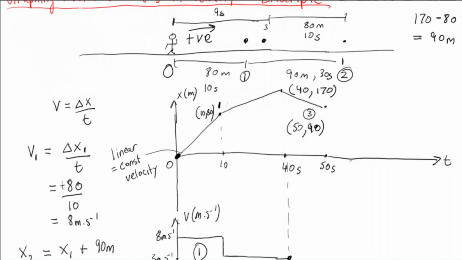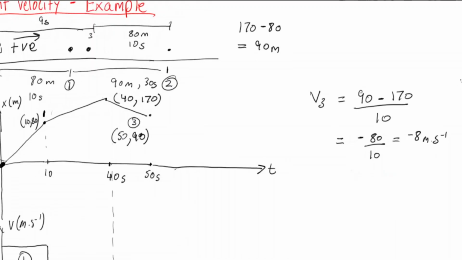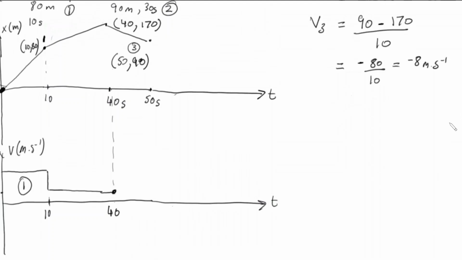And the velocity during this period will just be calculated how we calculated it before. So we'll say the velocity during stage 3 is equal to the final displacement, which is 90 meters, minus the initial displacement, which is 170, divided by 10 seconds, which gives us negative 80 over 10, which is negative 8 meters per second, which we can go ahead and mark on our velocity time diagram.